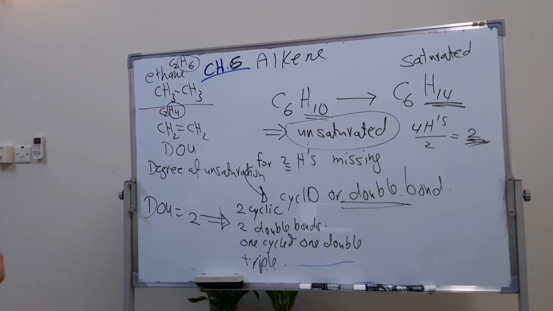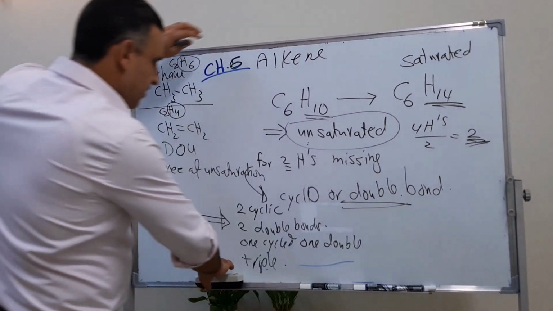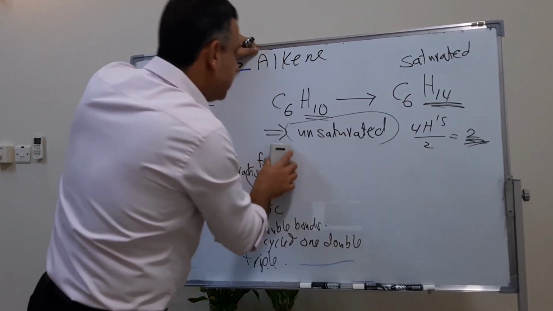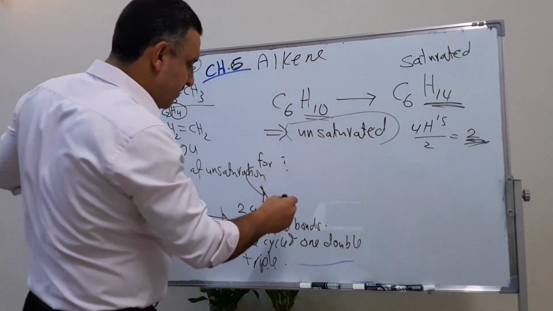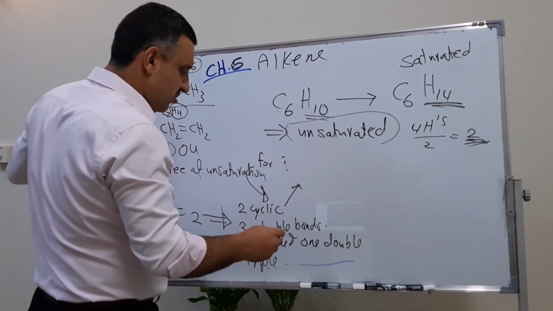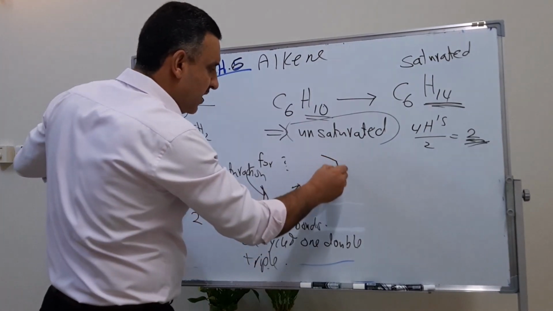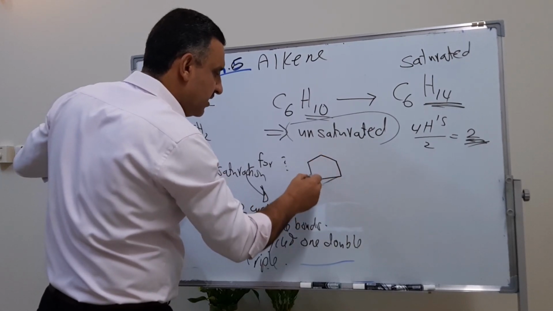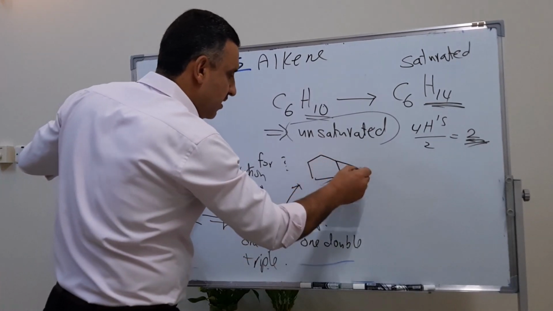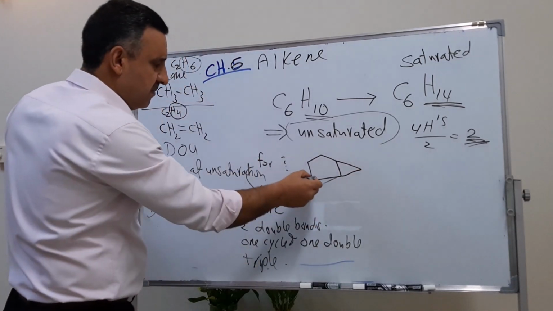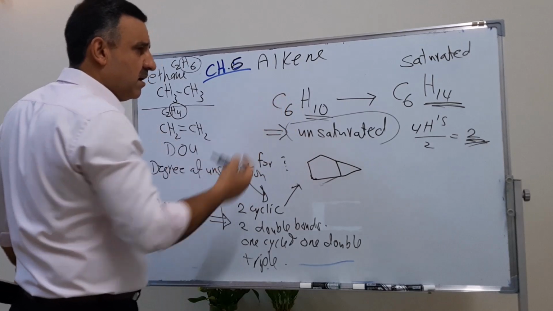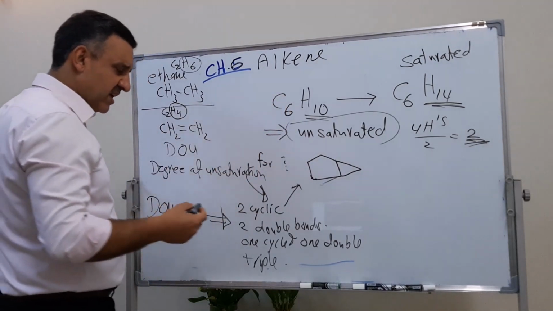For example, for every possibility here, we have 6 carbons. For example, I may draw 2 cyclic systems, as you have it in the slide, like this. This compound fulfills the general formula of C6H10.